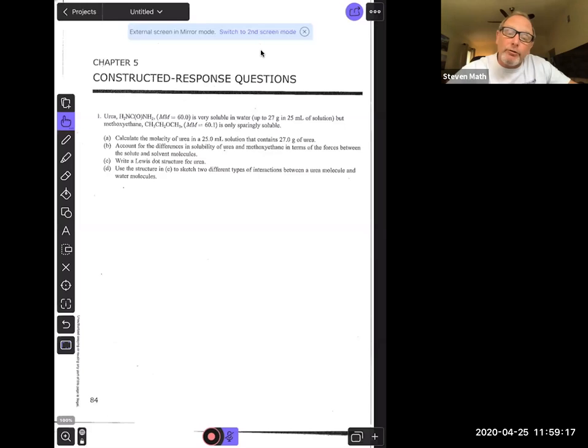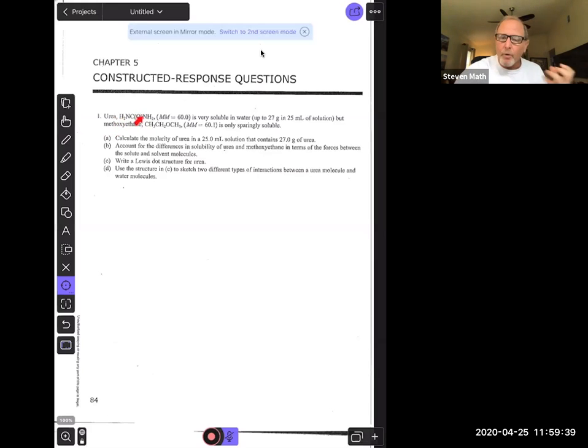This is the solutions for this assignment. This one had a couple of pretty neat parts to these three questions on this unit. The first one is basically starting us out with urea, which is a real interesting compound. We're going to draw its structure here in a sec for you to see what I mean when I say that's interesting.